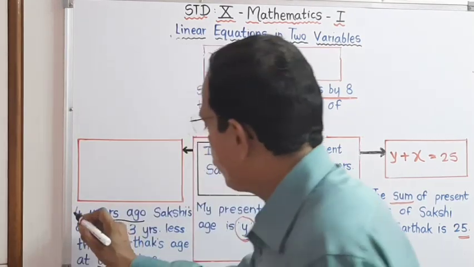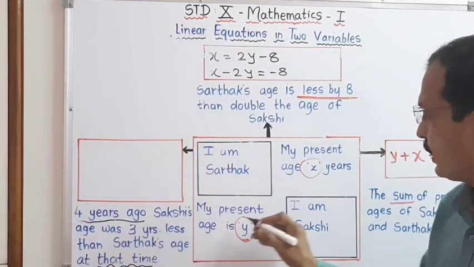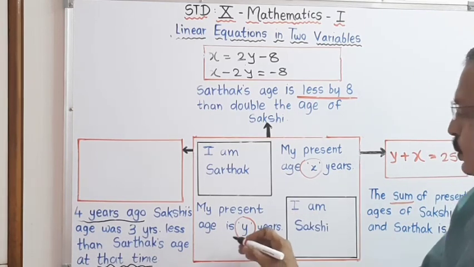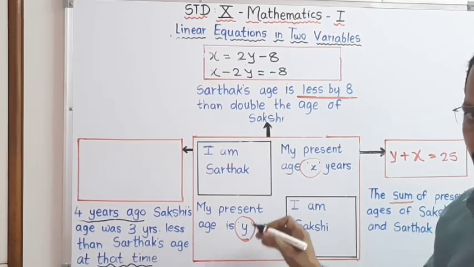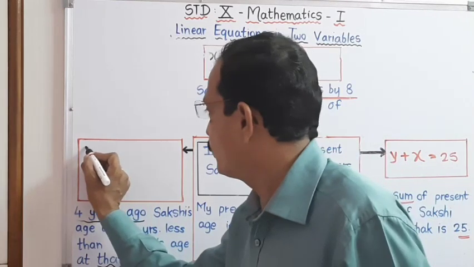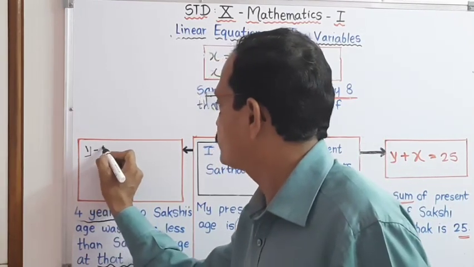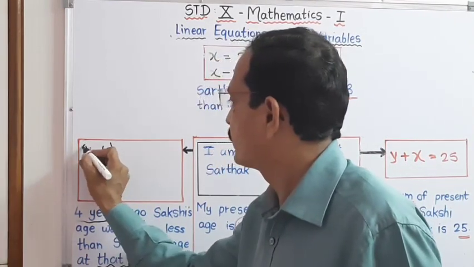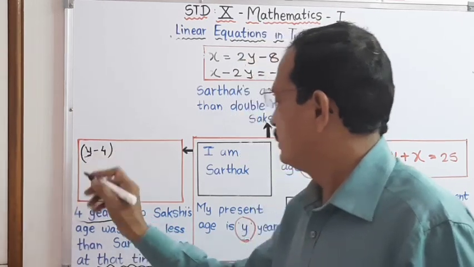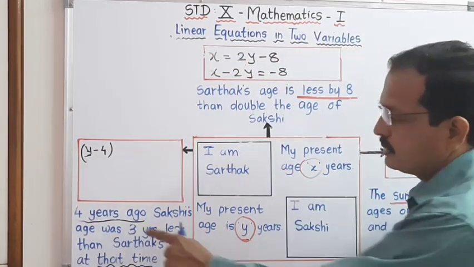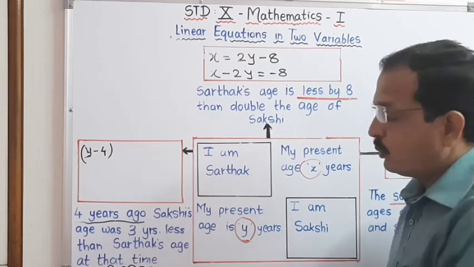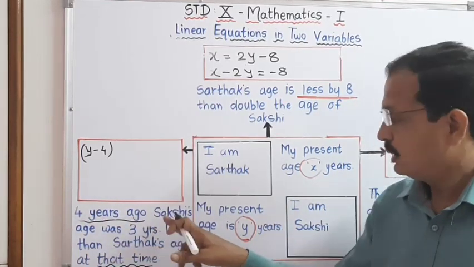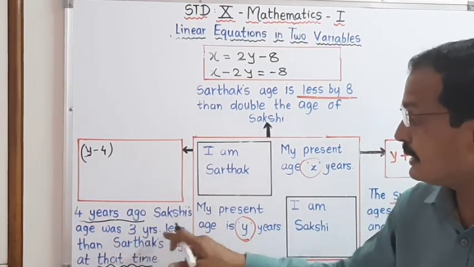Now see here, 4 years ago, we have to find out the Sakshi's age. Today's age is y. 4 years ago, therefore it is y minus 4. This is which age? Sakshi's.